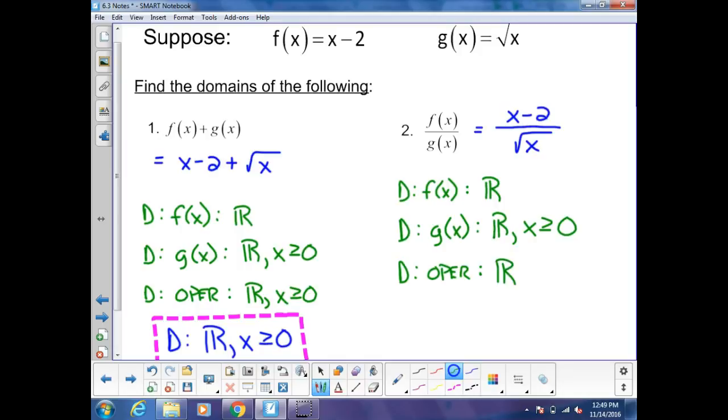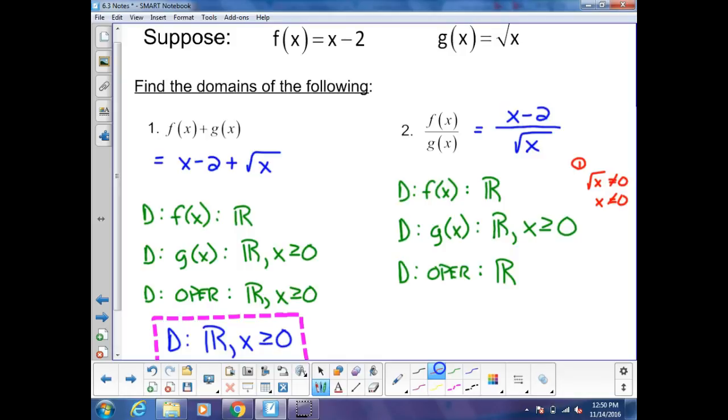Do I have a fraction after my operation? Yes. Does that fraction have a variable in the denominator? Yes. So the denominator can't be 0. So the square root of x cannot be 0, right? So that means then that x cannot be 0, correct? But what also is in that new function? There's a radical, right?